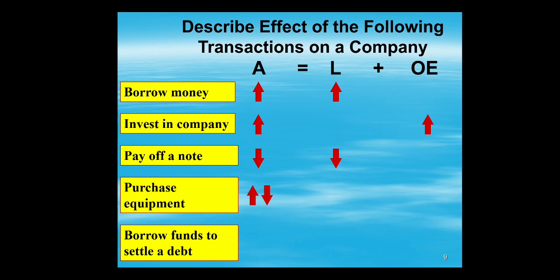Okay, the last example for the analysis step is like this. Let's say there is a business, and then the business borrows funds or cash to settle a debt. It can happen. Some businesses have a debt that is due this month, for example, but they don't have cash to pay. So what they can do is borrow cash from other sources to settle the debt.